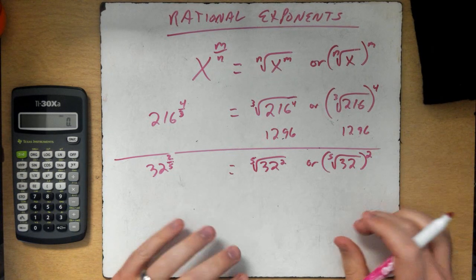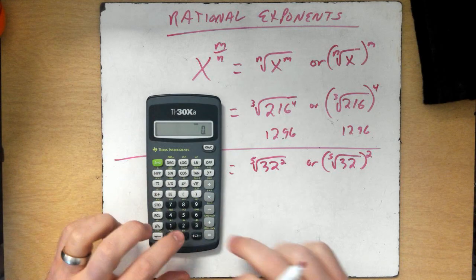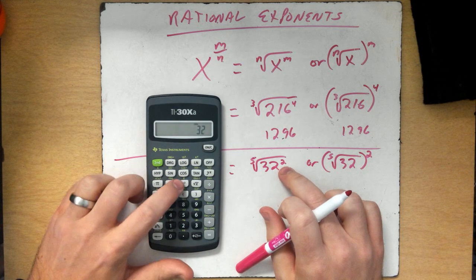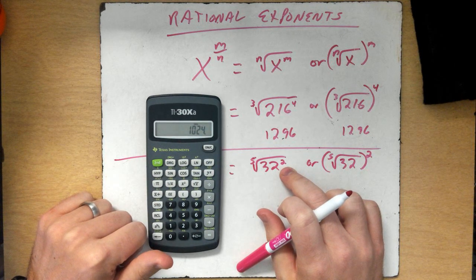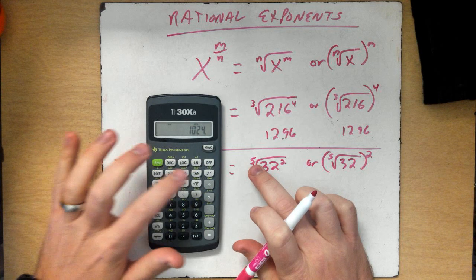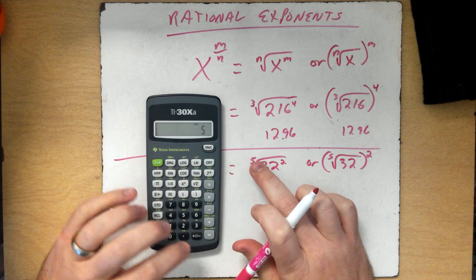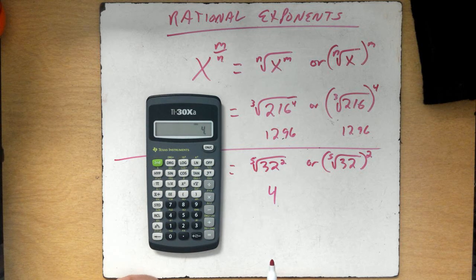Now, let's go ahead and solve. I'm going to do it this way first, where we do 32 squared. The square button is already here for me, so I'm going to hit this button to give me that. And then I have to do the fifth root, so I use the second button, our y-x, and then 5, because that's our number here. And I'm going to get 4.